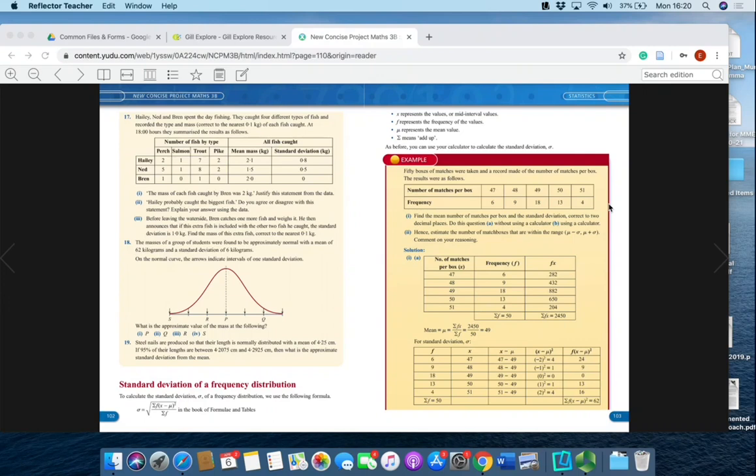Do this question without using a calculator and using a calculator. Hence, estimate the number of match boxes that are within the range mu minus sigma to mu plus sigma. Comment on your reasoning. Okay.